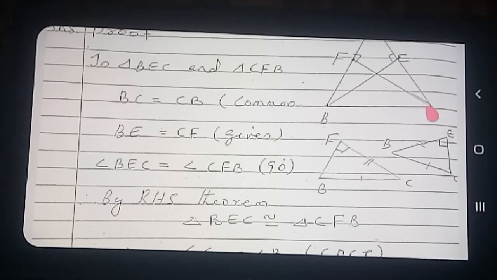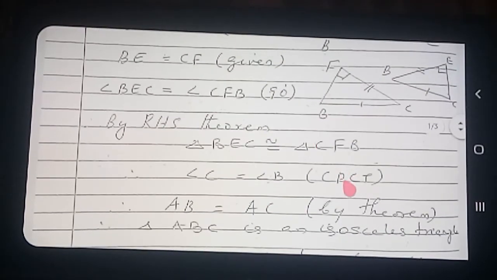This angle C and this angle B are equal. What's the reason? CPCT. See here, I have written CPCT. In this triangle, take this angle, and in this triangle, this angle B. Angle C is congruent to angle B, reason CPCT.